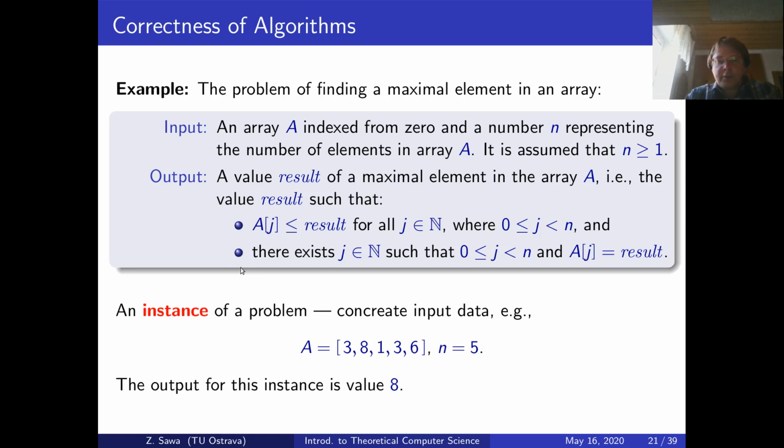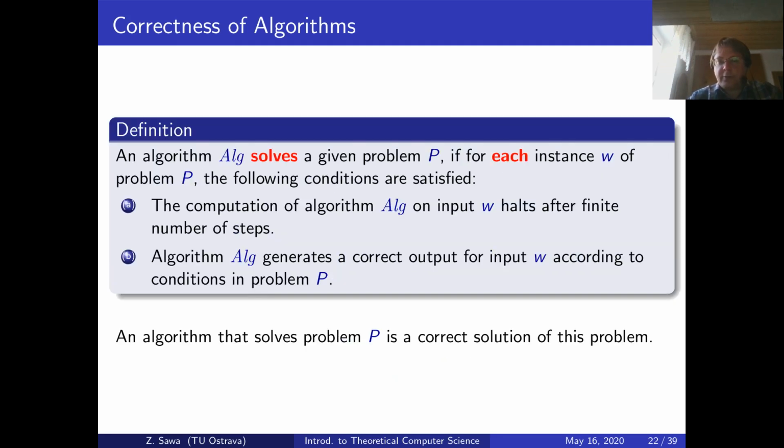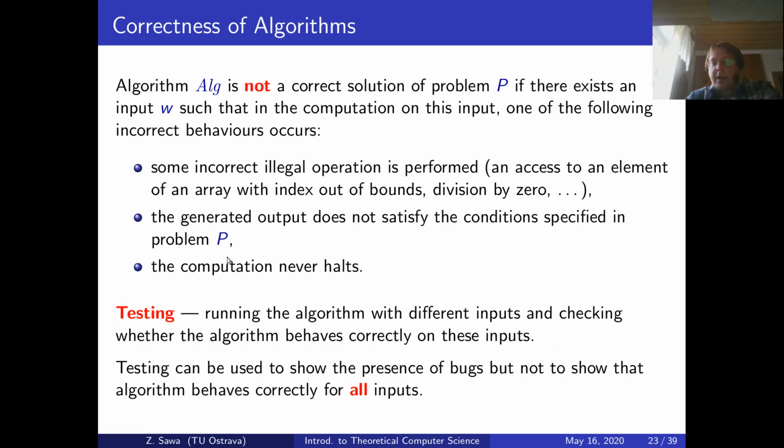This is the second thing that could go wrong, and the third thing is that there is some input for which the algorithm performs some steps, some computation, but this computation never halts. We have this infinite computation where it goes to new and new configurations forever and never stops, possibly because it loops.